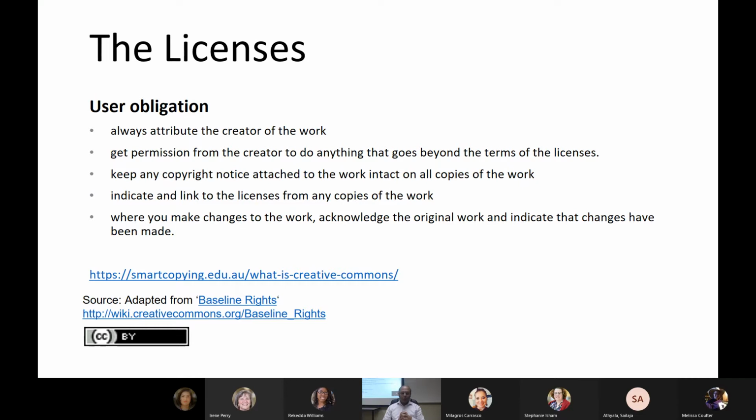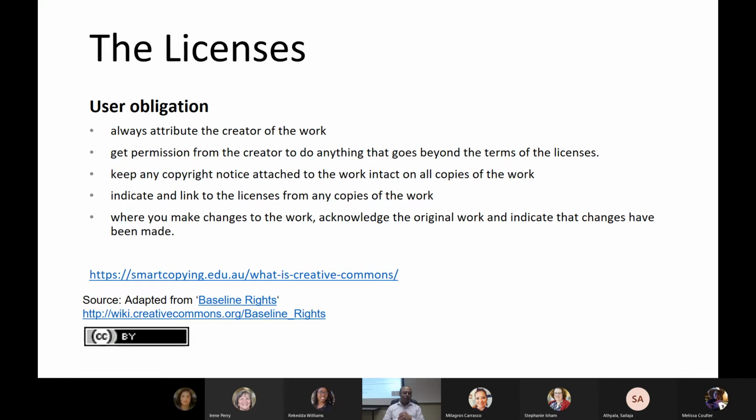So anytime you want to use it commercially, get permission from the creator, even though some other CC BY NC non-commercial use, or some other Creative Commons copyright implies. In this case, if you want to use it commercially, then you have to get the right from the original author. Keep any copyright notice attached to the work intact on all copies of their work.